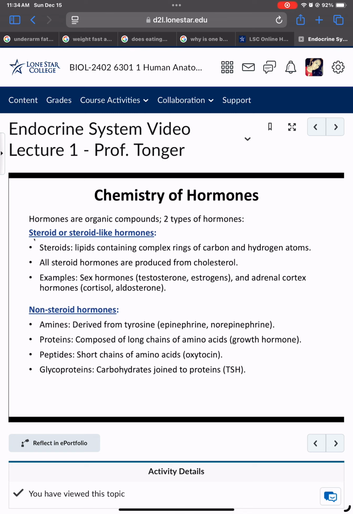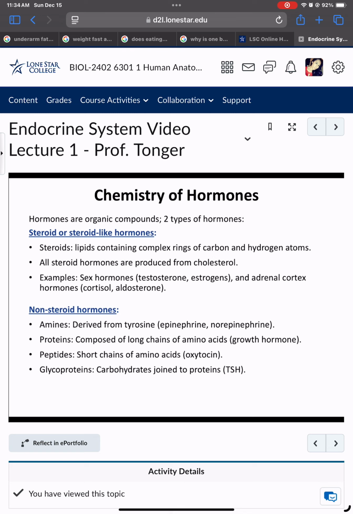One is steroid or steroid-like hormones. Now, if you go back to your A&P 1 classes, you might remember that we talk about steroids under the lipids and biomolecules. So one special type of lipid was steroid. If a hormone is a steroid-like hormone, that means it is made up of lipids containing complex rings of carbon and hydrogen atoms.